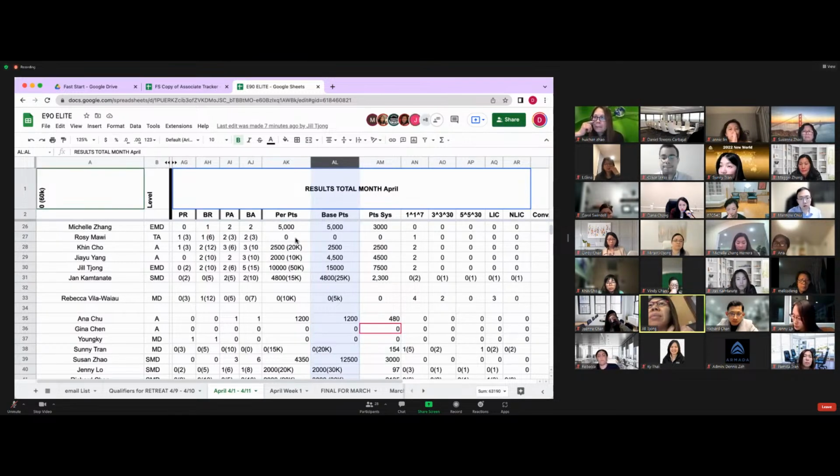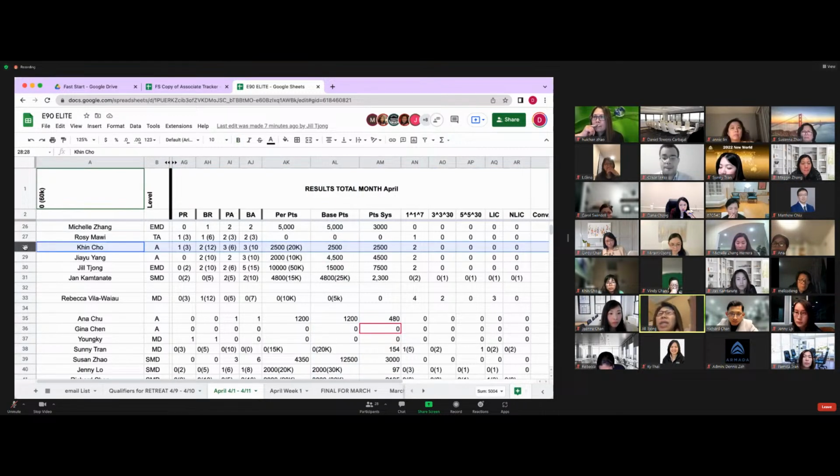Let me see. Kin, personal bishop. She doesn't have any licensed people under her at the moment. So her bishop point is a personal point, which is 20K. Correct. Okay. It could be more.